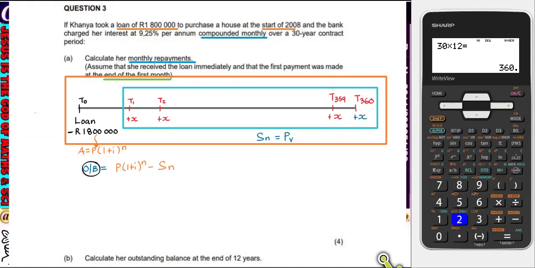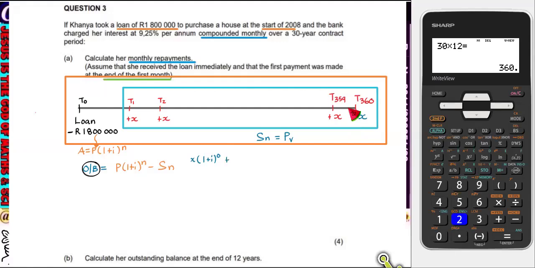We start from the end point. The end point, you are simply having X into 1 plus I, but that money at the end stays for 0 years or months.